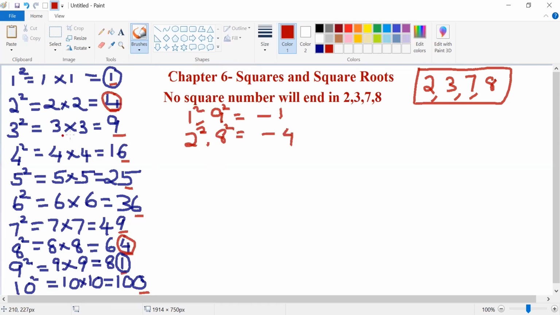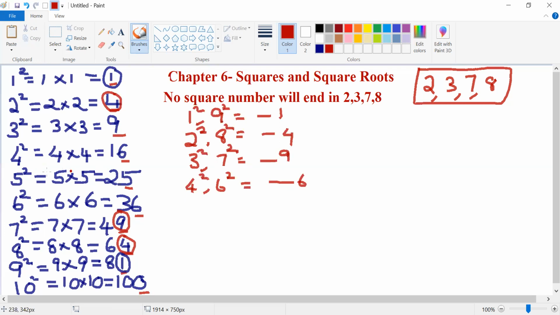Now 9. 3 square is ending in 9. Any other number? 7 also. So 3 square and 7 square, they end in 9. Now 6. 4 square and 6 square, both ending in 6.